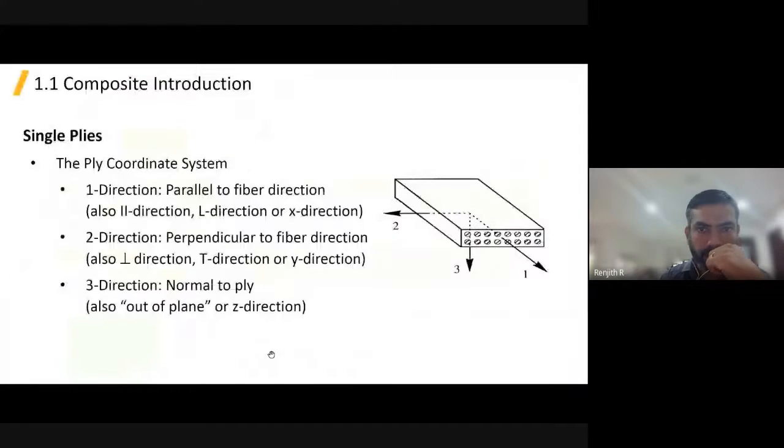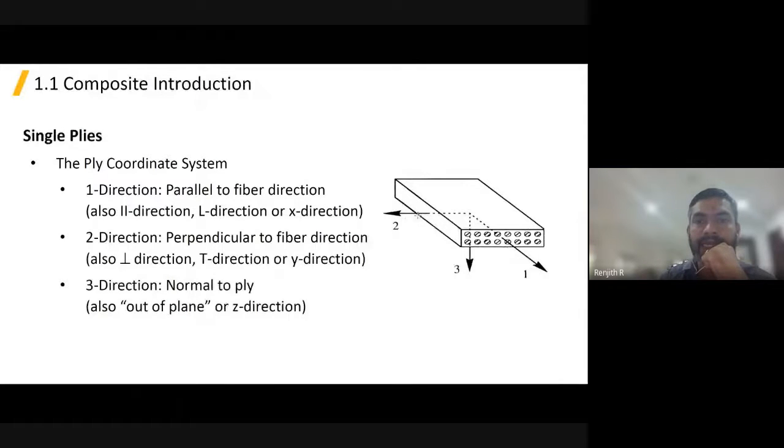Then about the direction of the plies. Normally, in any solid analysis, we assume the x-axis, y-axis, and z-axis. But in a composite analysis, if it is a fiber type composite, most of the time we take the first direction as the fiber direction, that is direction 1 from the figure.